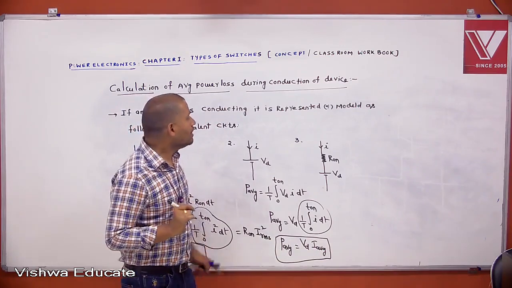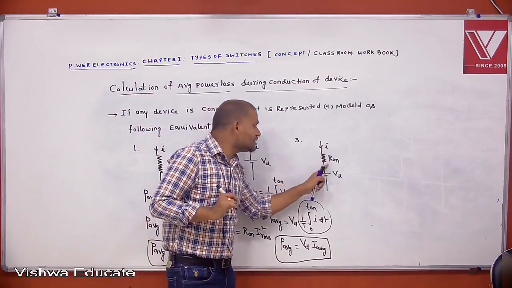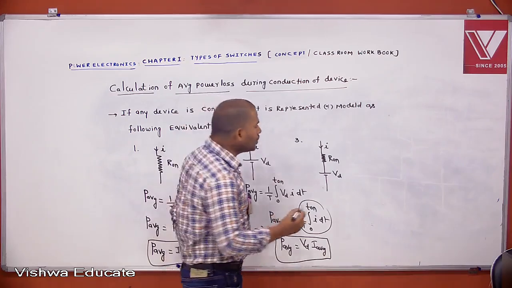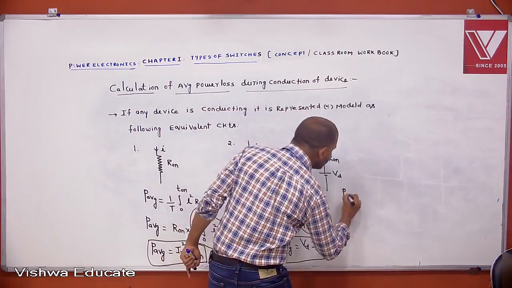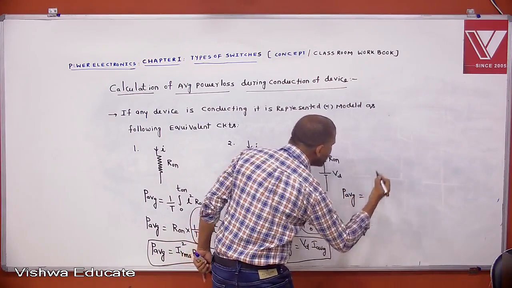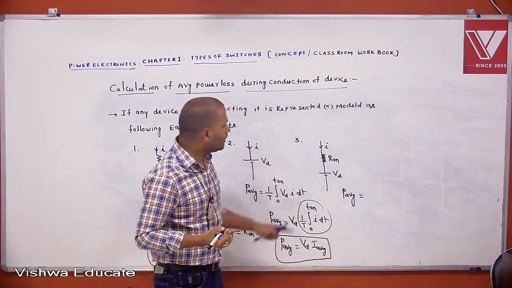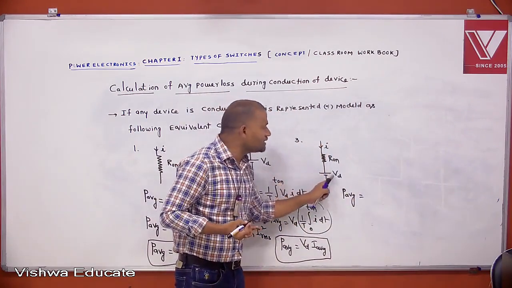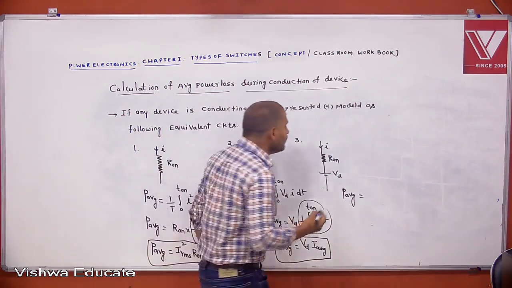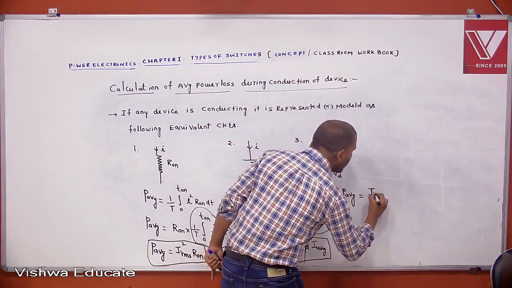Understood? Okay. Now, if both resistance and voltage drop are given, then how to calculate average power loss, you tell me. Average power loss is a combination of both. With respect to resistance, how to calculate power loss?